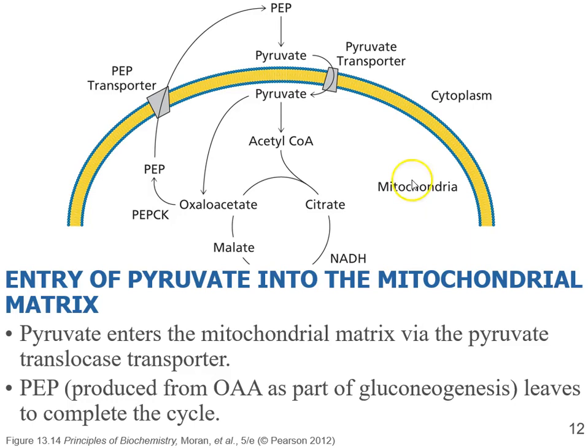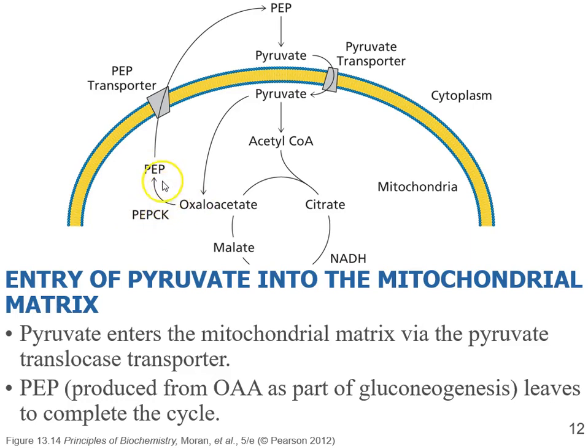This is sort of a convoluted way of getting the pyruvate in, but this is how it works. Pyruvate is brought in through a pyruvate transporter, and then pyruvate will be converted to acetyl-CoA, and I'll show you that in a minute. Pyruvate in the mitochondrial matrix is converted to OAA. That's the pyruvate carboxylase reaction, so hopefully you remember that from gluconeogenesis. And as part of this coordinated transport system, the OAA is converted to phosphoenolpyruvate.